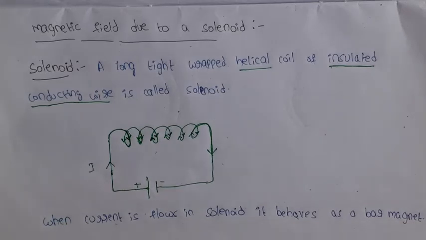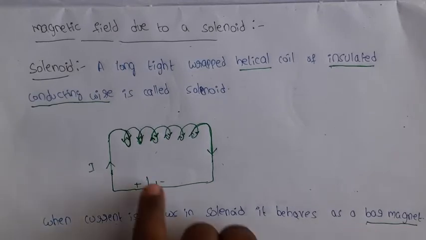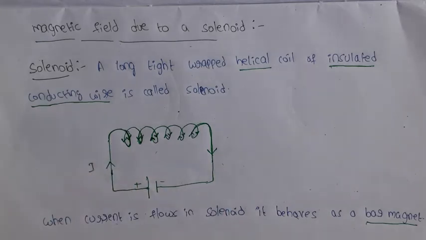In case of a bar magnet, how are the magnetic field lines produced? Similarly, in case of a solenoid also, magnetic field lines are produced.